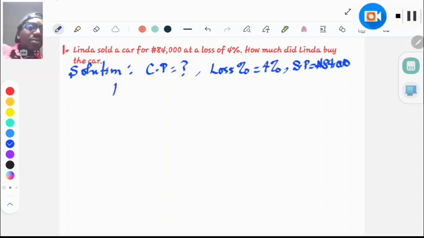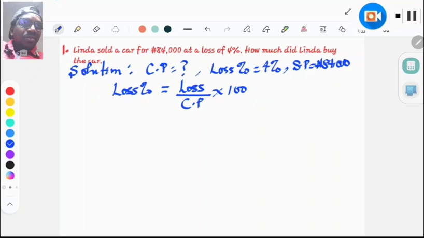So we have that loss percentage equals loss over cost price times 100. This is the formula we are going to be using. All right, so we already have our parameters.